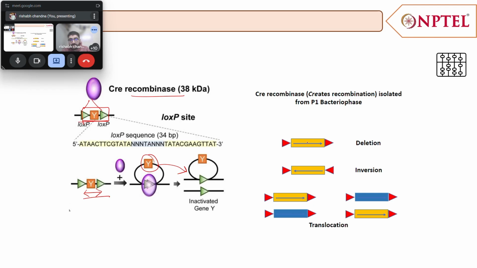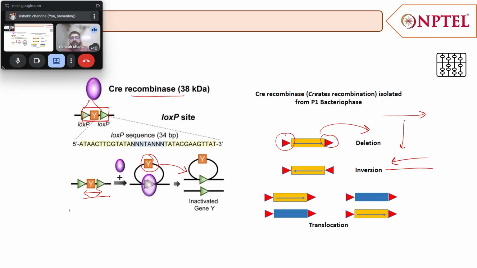Okay. So if they are oriented in the same direction, that leads to deletion. Fine. If they are oriented towards each other, that leads to inversion. So if a gene is produced in this direction, and the LoxP sites are inverted, that means it will now be inverted in the other direction.